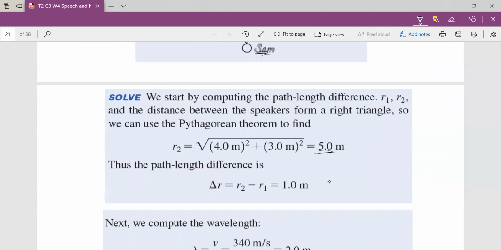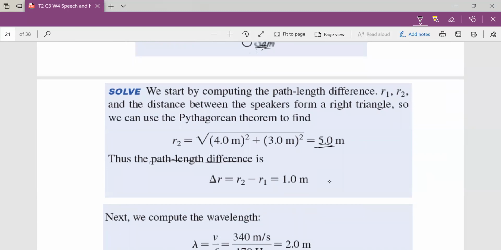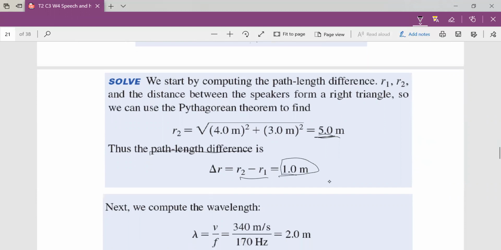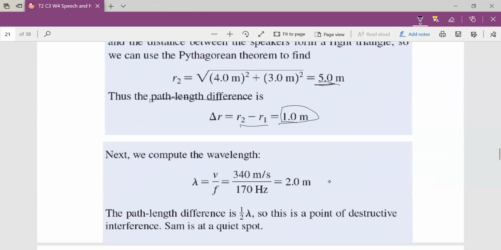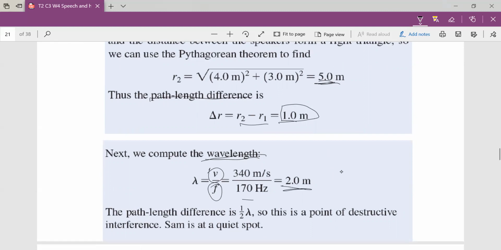We look for the path length difference between R1 and R2, and we found that it is actually 1 meter. Because you have to find the wavelength to know if it's constructive or destructive interference, you have the speed of sound given and the frequency given in the question, and we get the wavelength to be 2 meters.